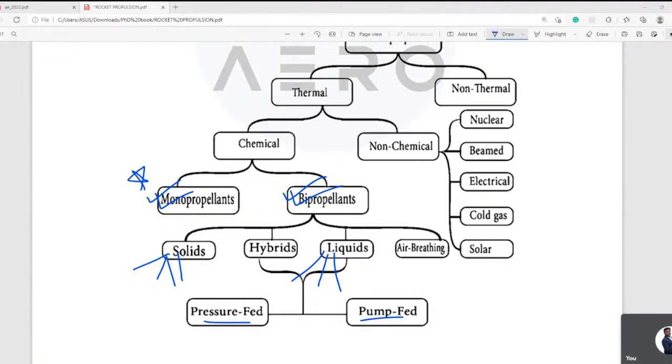I would love to take any questions, and it will be a suggestion from my side: please do check the units. Definitely, I can say from this topic, 15 marks.